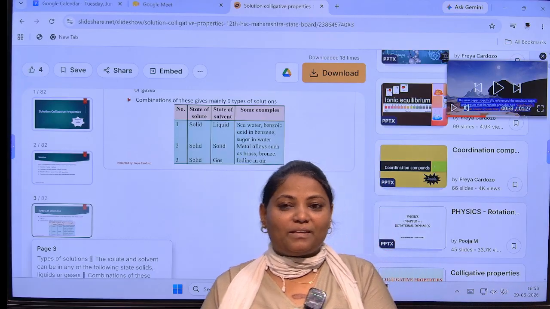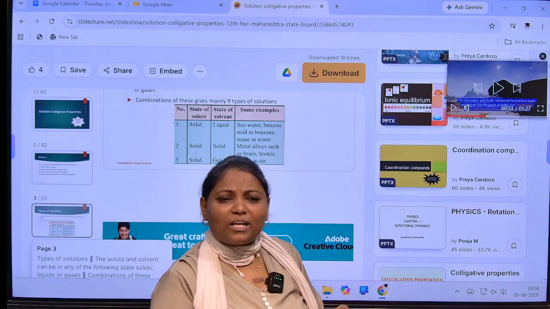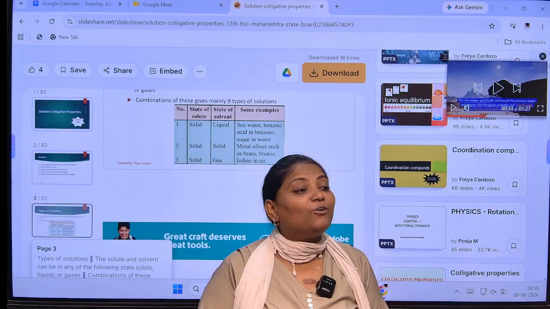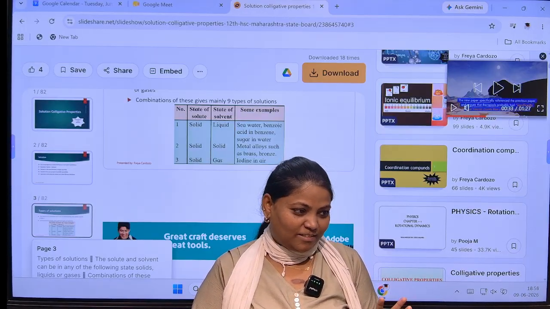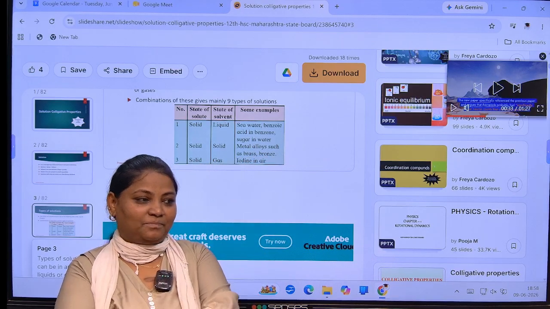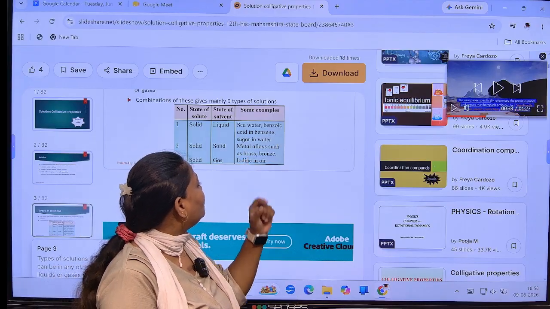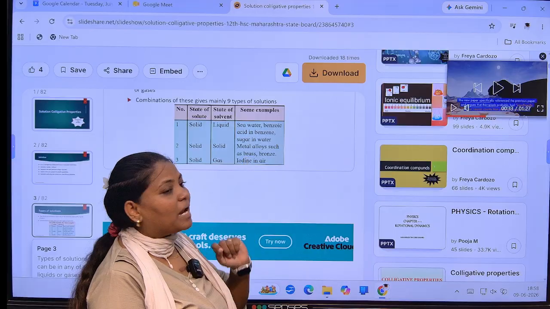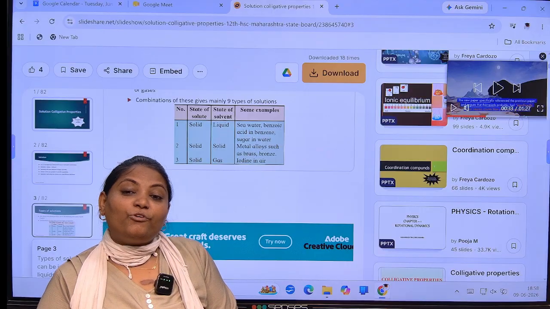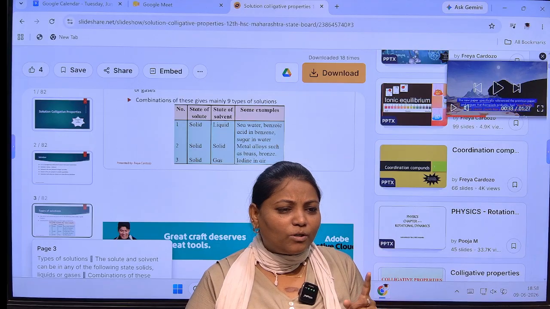Same thing here. There are alloys. Do you know what alloys are? Alloys are metals actually, but they are made up of many other elements of metals. Examples of metal alloys are brass or bronze. How many of you have heard about 1 gram gold?